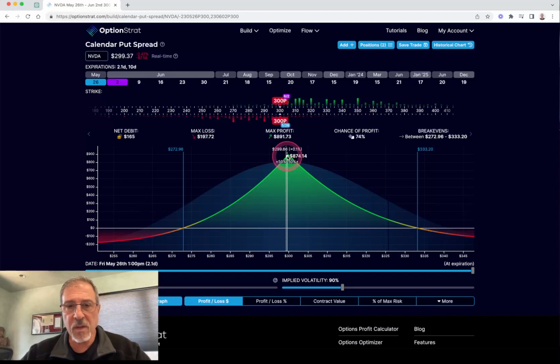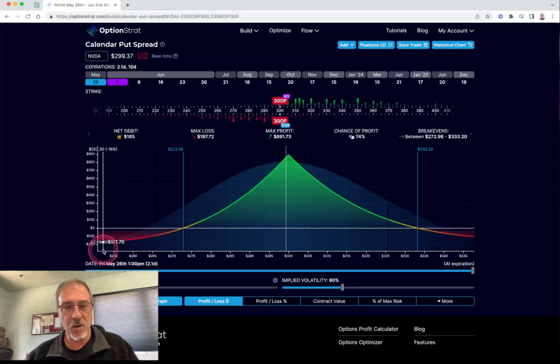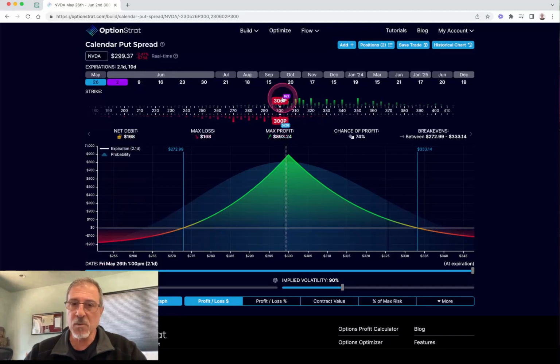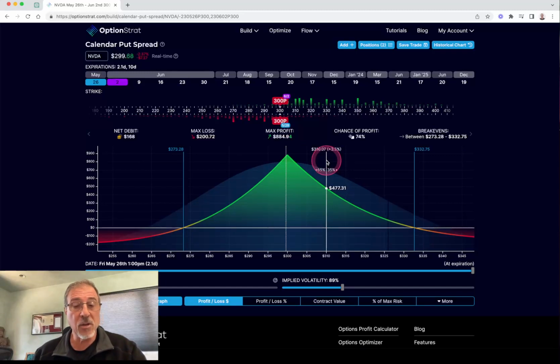Just know that with a calendar, your risk in this trade is only accurate while you have both sides of this trade on. If one side expires or you take one side off without taking off the other side, it's a different trade then, and you need to recognize that and understand what your risk and reward might be on that new trade that only has the single option associated with it.